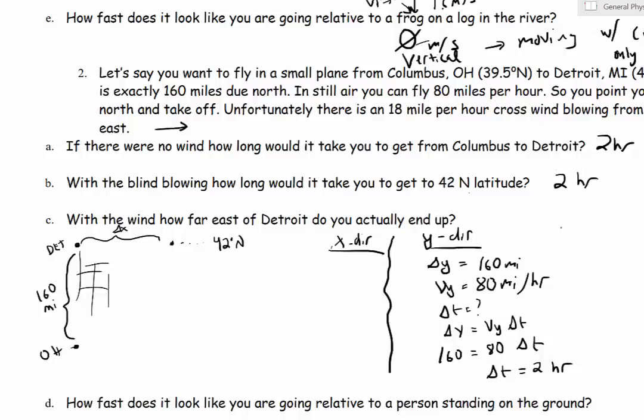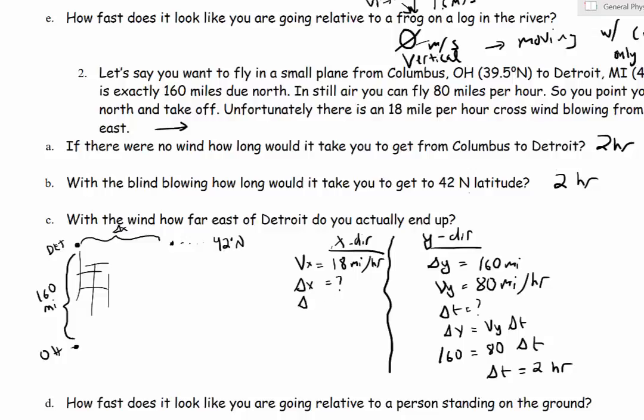Well, the next question says, with the wind, how far east of Detroit do you actually end up? Okay, so the wind is blowing in the x direction at 18 miles per hour. That's going to be the x velocity given to the plane by the wind. I want to find out how far east of Detroit I actually end up, so that's going to be my delta x.